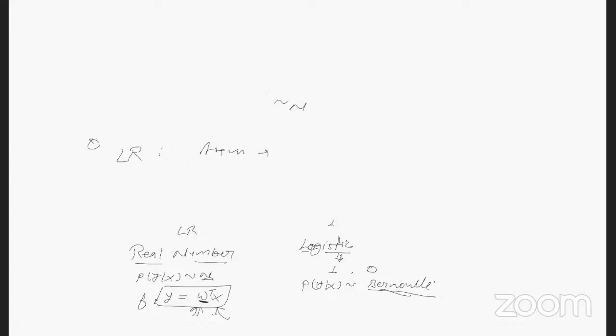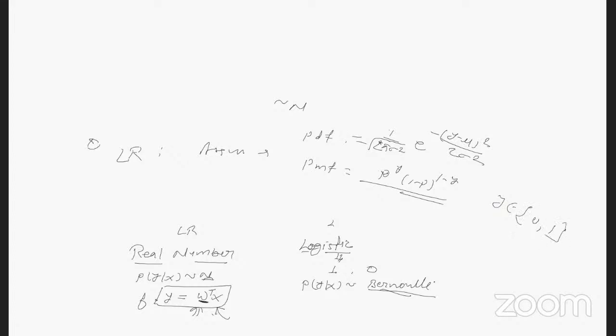It means that the PDF of that distribution is 1 over root 2 pi sigma square, e raised to the power minus (y minus mu) square upon 2 sigma square. If it is categorical, we check the PMF. It follows something like p to the y times (1 minus p) to the (1 minus y), where y is 0 or 1.